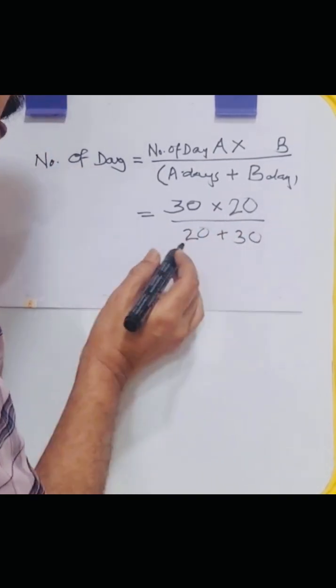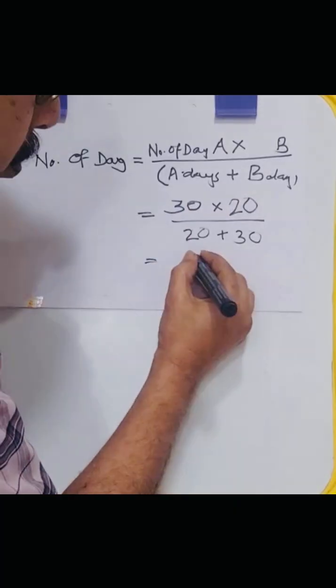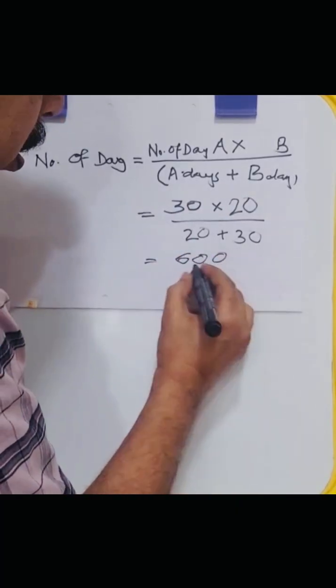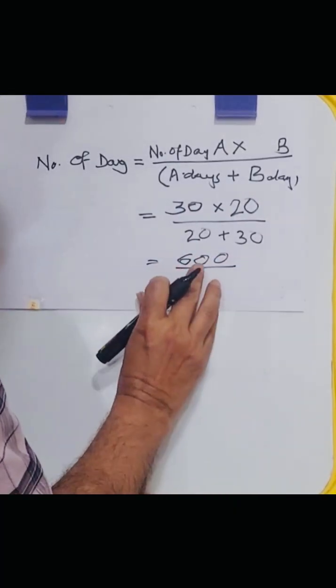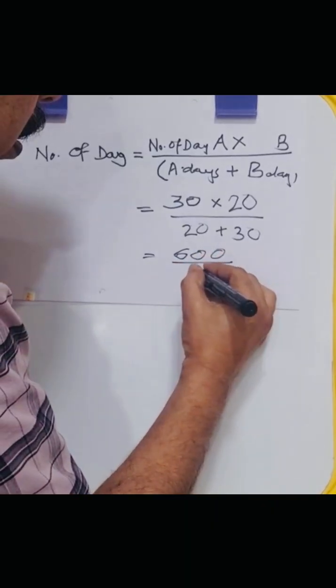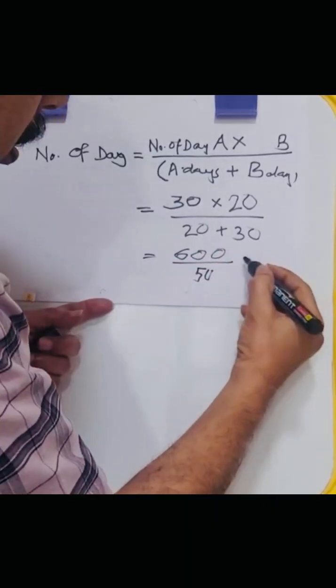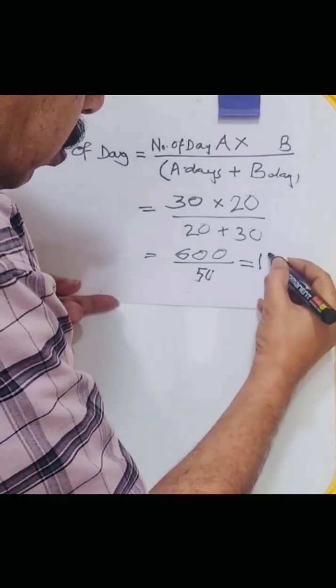This comes as 30 into 20 becomes 600, divided by 50, that also comes as 12.